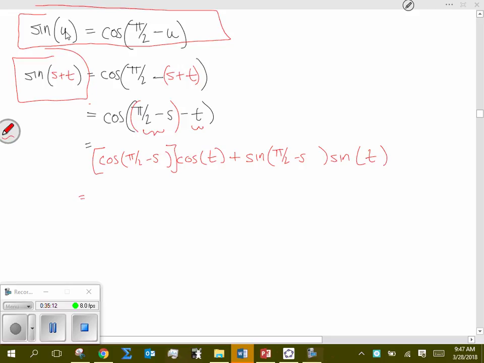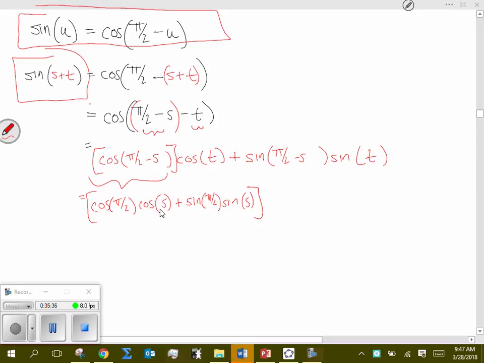Does that make sense? Okay. Or if you're more comfortable doing it this way and saying this thing here is going to change to cosine of pi over 2 cosine of s plus sine of pi over 2 sine of s, that's fine.